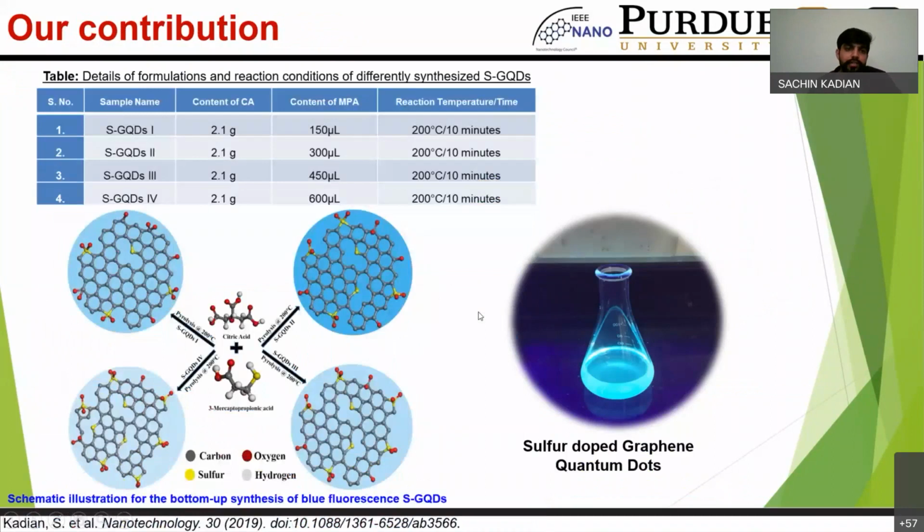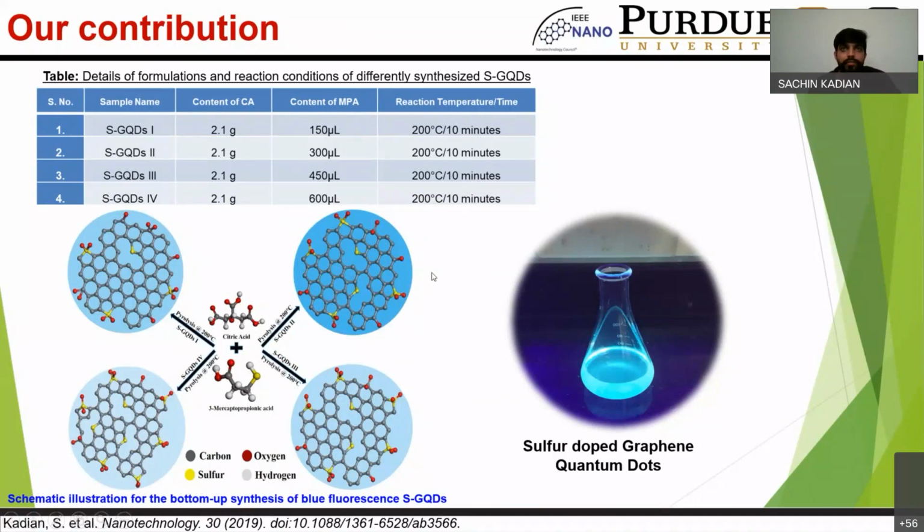So with this, we started our journey, and we formulated 4 different types of sulfur doped graphene quantum dots. We kept the citric acid constant, and we varied the MPA, that is mercaptopropionic acid, the source of sulfur. We saw that 300 microliter, 10 minutes and 200 degrees Celsius temperature was good enough for highly fluorescent sulfur quantum dots.